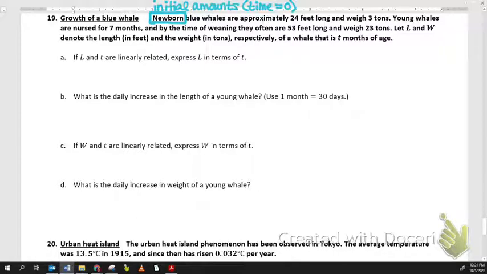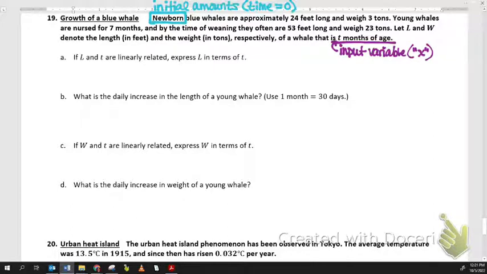We're going to let L and W denote the length in feet and the weight in tons, respectively, of a whale that is T months of age. So T is our input variable. So this is our independent variable, our X.